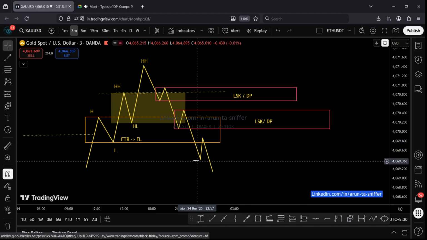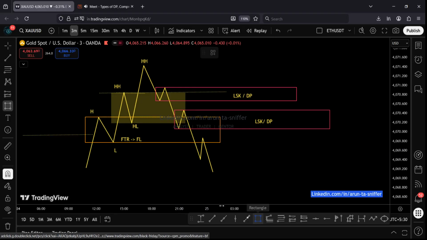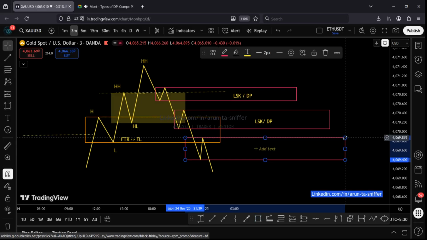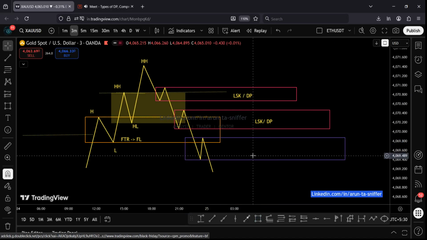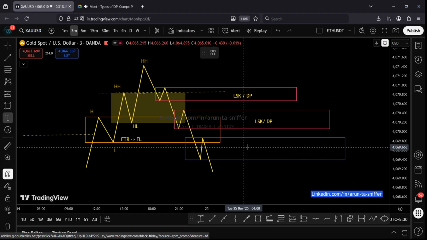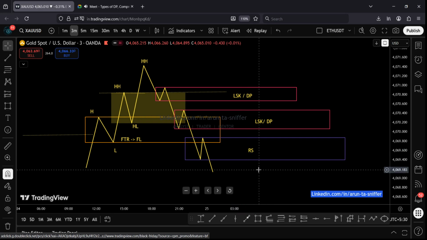This flag's RS will be here. Okay, this one is RS.